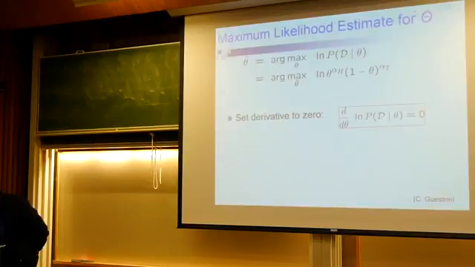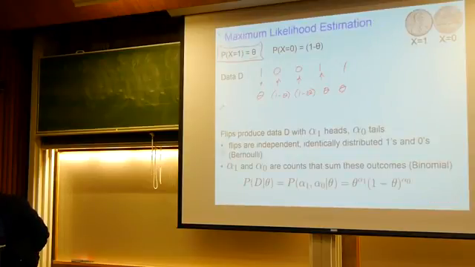Right? So now the probability of the data, which is this set of 5, given theta, is the product of these things, which is simply theta cubed times 1 minus theta squared.